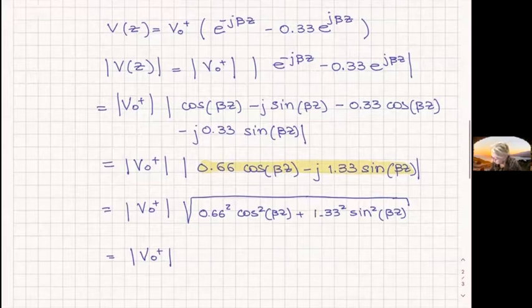Okay, 1.33. So let me find out how much this is. Square.